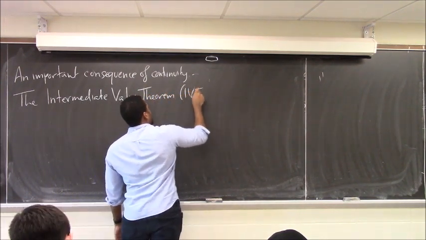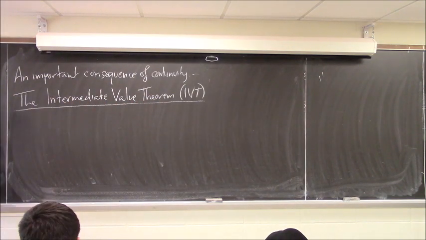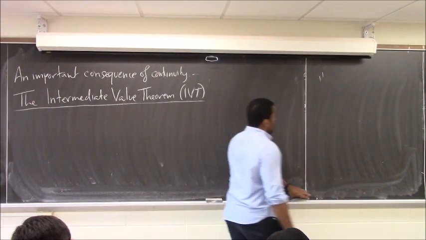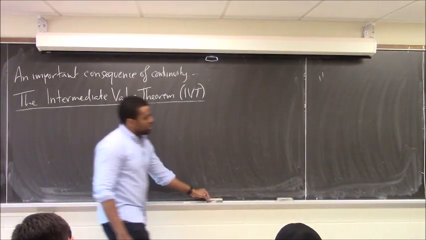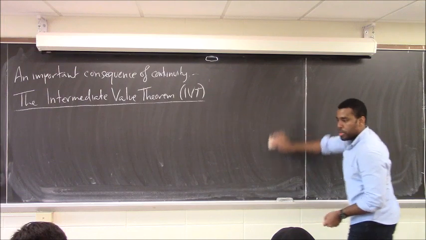Might write IVT for short. It's one of the big theorems of the semester. We're not going to prove it because it requires knowledge of things like the completeness axiom for the real numbers, and we're not going there. But it is one of those big theorems. It's a theorem that, as a Calc 1 student, people expect you to know.